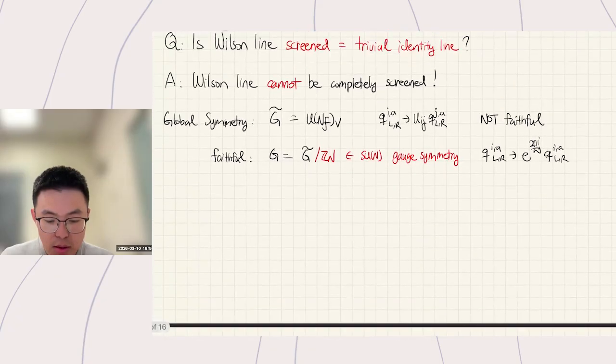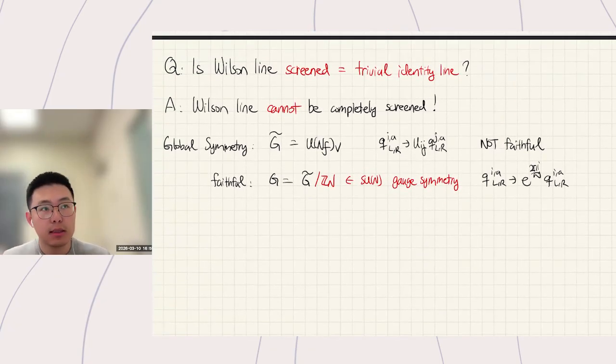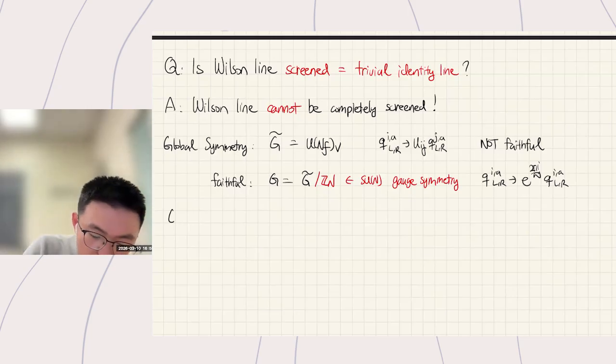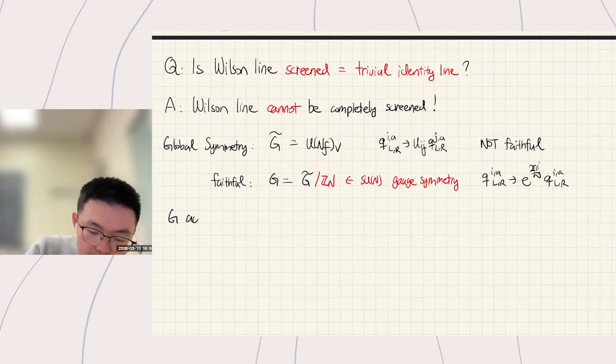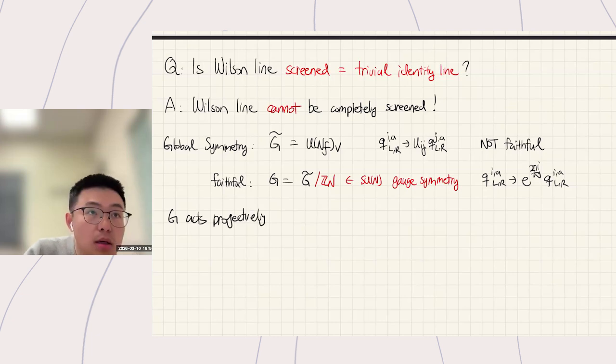With this correct identification of global symmetries, we can notice the following fact. Even though the global symmetry forms linear representations on all of the local operators, it actually acts projectively on the Wilson line defect Hilbert space.